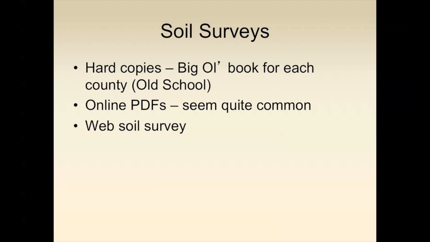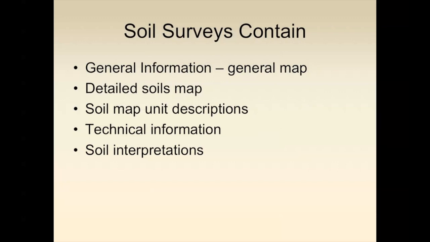But the web soil survey now is so much simpler for us to get at, because usually we don't necessarily want to know what is happening in a whole county. Often county lines are so artificial anyway. Web soil survey allows us to zone in onto an area of interest and then go from there. So that has just become a lot more convenient.